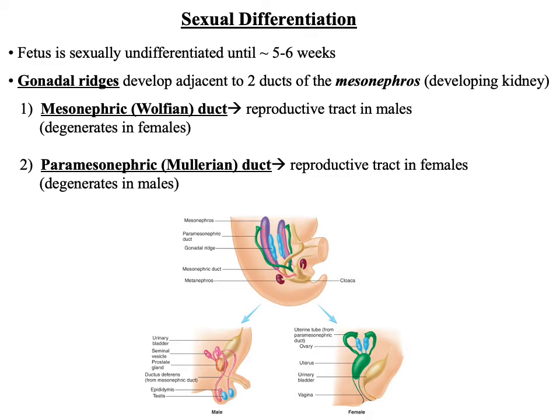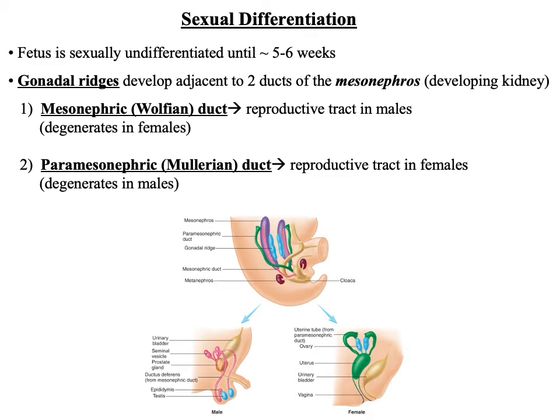The top one in the middle there is the non-gender specific stage where we have some of the structures such as the gonadal ridges. And the gonadal ridges, you can see the leader line pointing to that blue area, develop right next to a couple of ducts of what will eventually be the kidney, called the mesonephros.